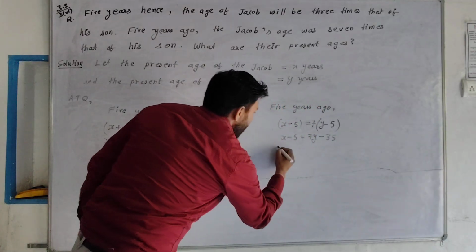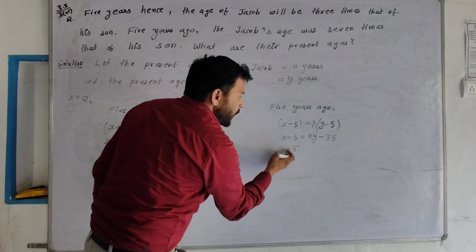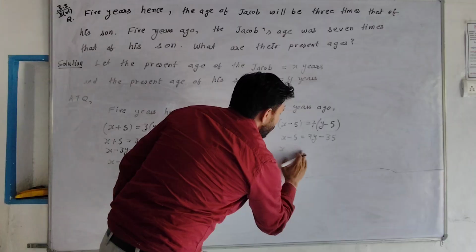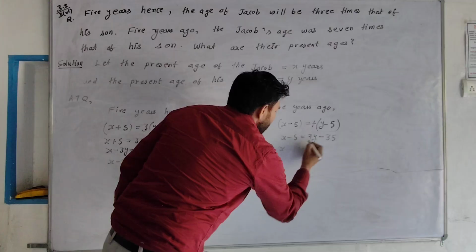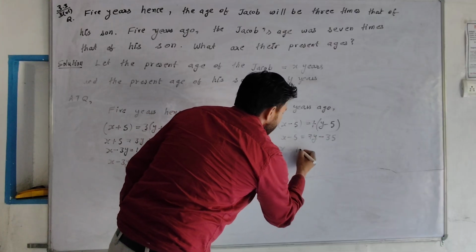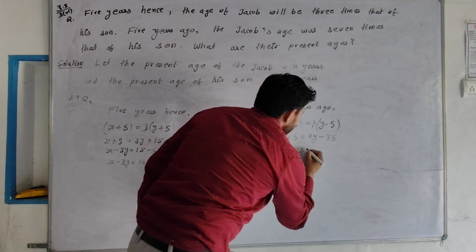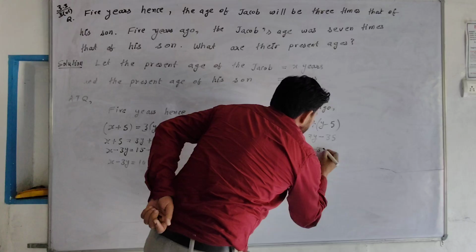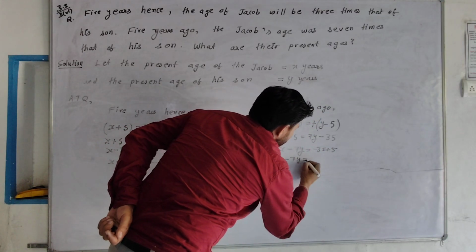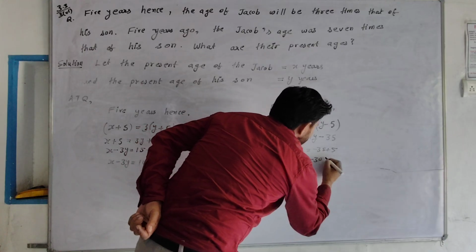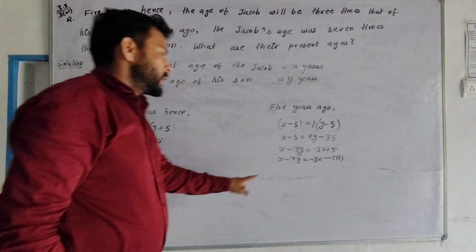Now x minus 5, we transposing minus 5 to the right. 7y transposing to the left, the sign is change, minus 7y equal to minus 35 plus 5. x minus 7y equal to minus 30. This is the second equation. First equation is here, second equation is here.